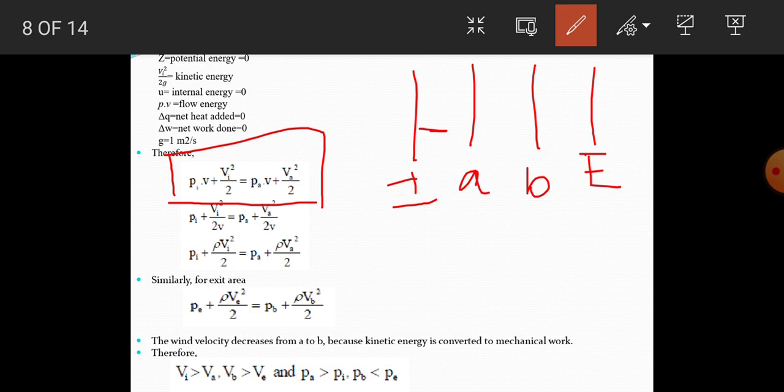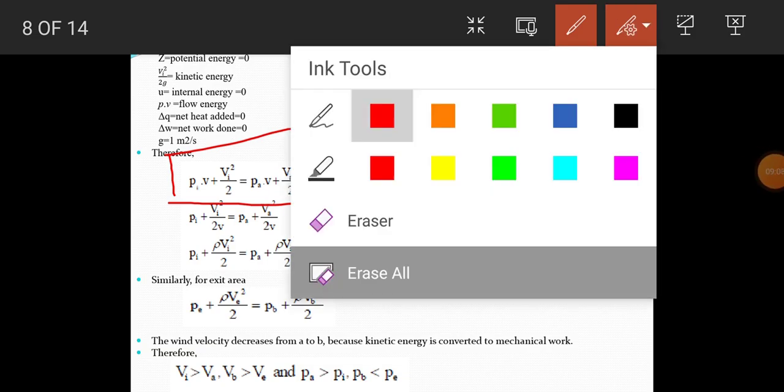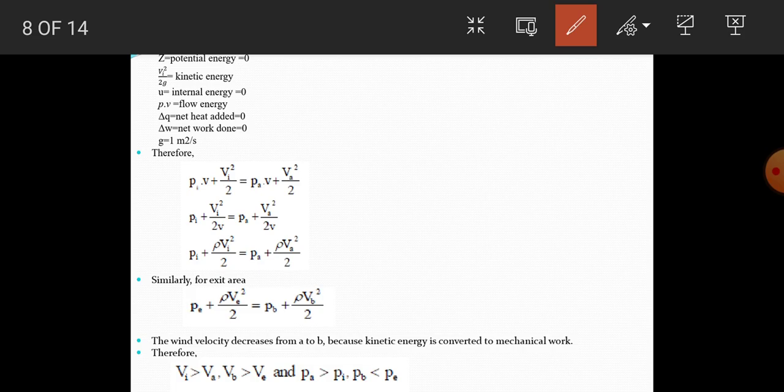So here, P1 plus rho Vi whole square by 2 is equal to PA plus rho Va whole square divided by 2. So here, dividing the whole equation by V, that is specific volume.